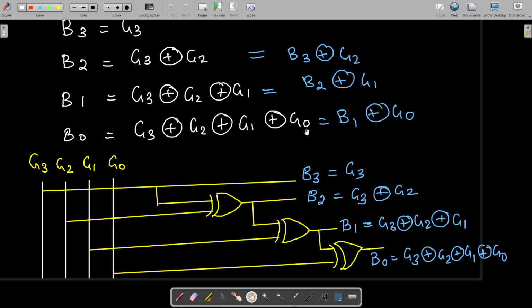Then for the B0 output, it is B1 exclusive OR with G0, and you will get B0. So this is the logic diagram. Okay, thank you. Hope you have understood.